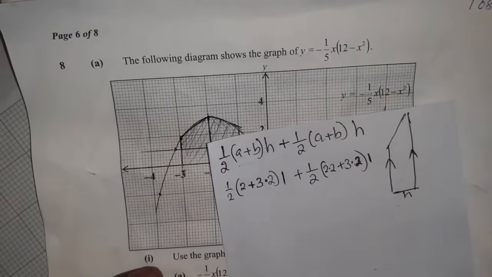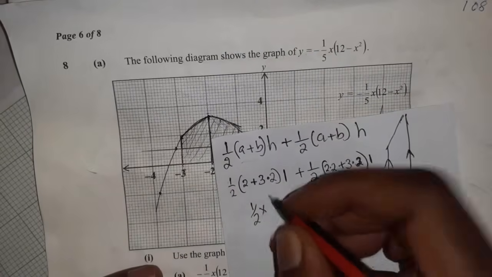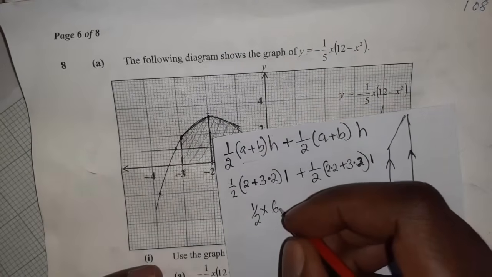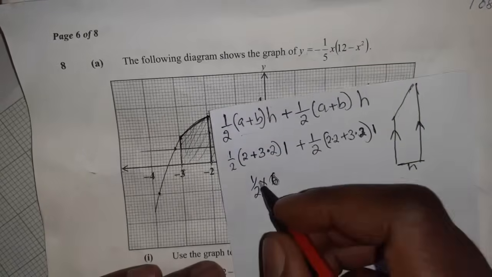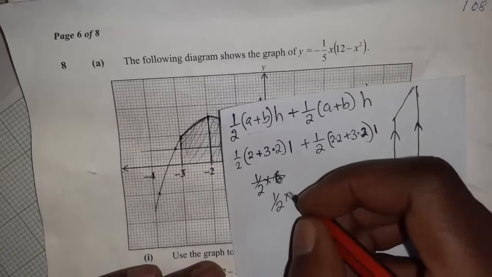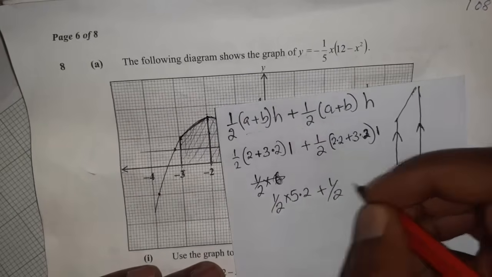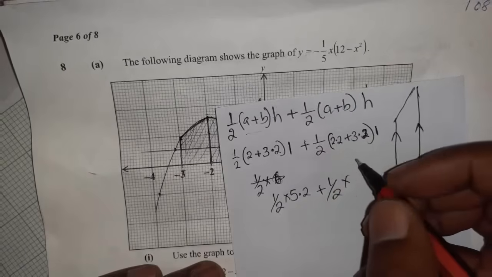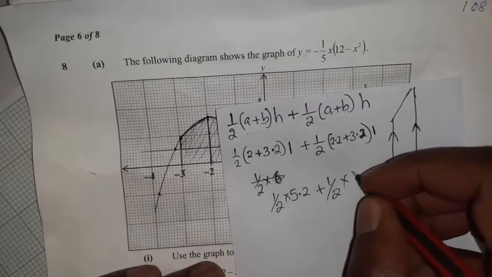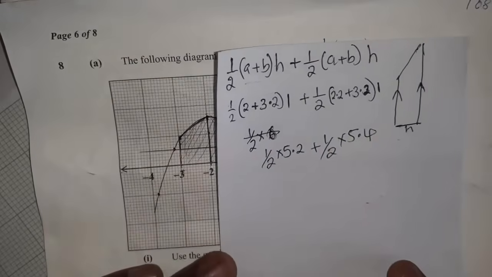So here basically we are dealing with 1 over 2 multiplied by, what do we get here? 1 over 2 multiplied by 5.2, plus 1 over 2 multiplied by, what are we getting here? This is going to be 5.4. So we can calculate this and see what we are going to get.